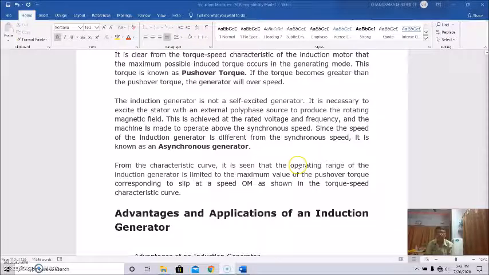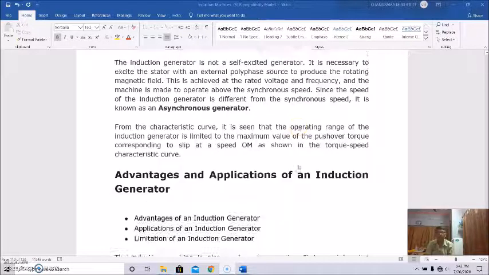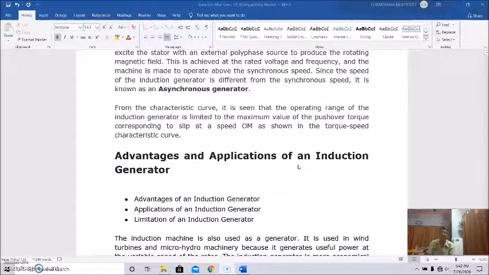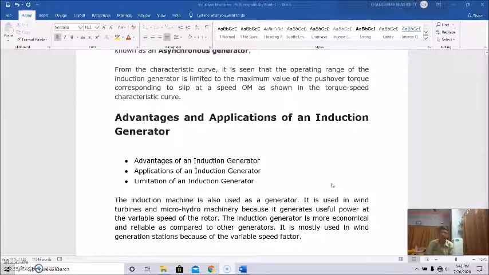Now, if we talk about the advantages and applications of induction generators, the asynchronous generator, that is the induction generator, has certain advantages and specific applications, and definitely some limitations also.